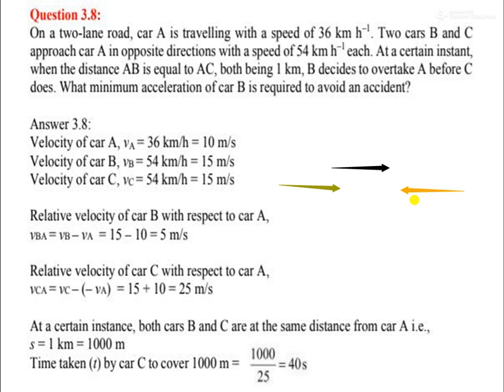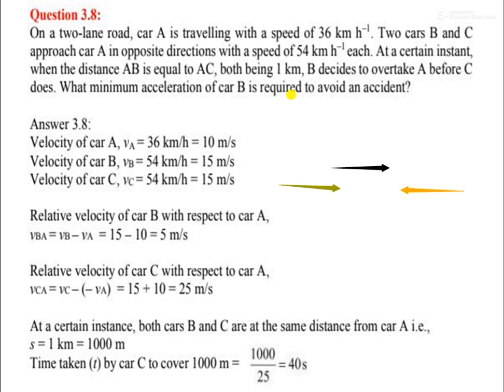Now in which case would there be much more loss? The answer would be the front one, because when things are moving in opposite direction, there is much more release of energy, because the speeds always get added up. If one is moving with 30 and the other with 20, and they both collide head-on, the impact would be of 50 km per hour.